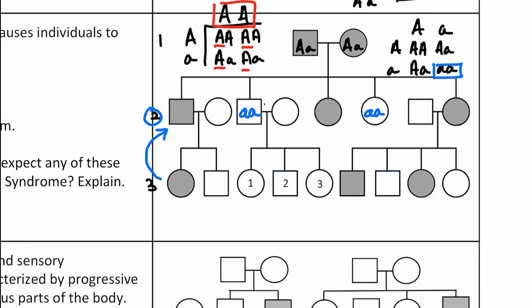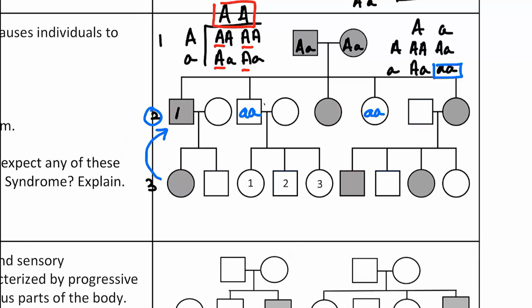Let's just say it was big A, big A. Well, doesn't that mean every child would be afflicted? Because remember, you get one from each parent. If this parent has two big A's, you are essentially going to 100% get a big A here. And that's not the case. So we can say that this is going to be a heterozygote for that reason.